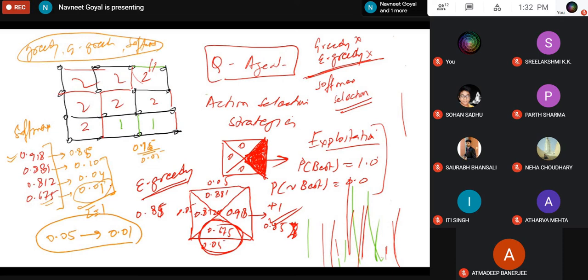Typically, a Q-learning algorithm would have three parameters: alpha, gamma, and epsilon. These three things define a Q-learning algorithm. And as I told you earlier, this is just a one-line algorithm where you keep updating the Q values.